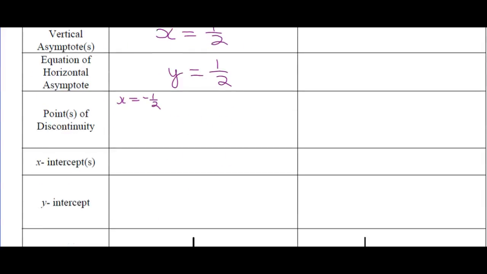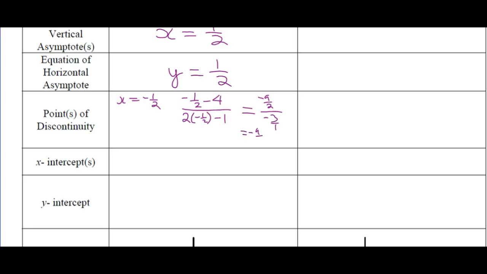Okay, so we've got negative 1/2 minus 4 over 2 times negative a half minus 1. So 4 is 8 halves. This will be negative 9 halves. And that's negative 1 minus 1 is negative 2.